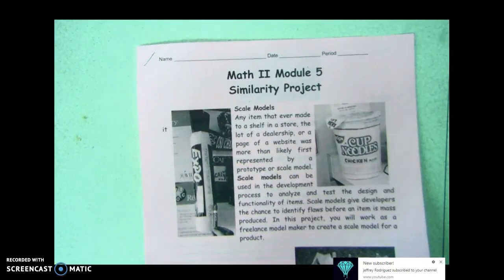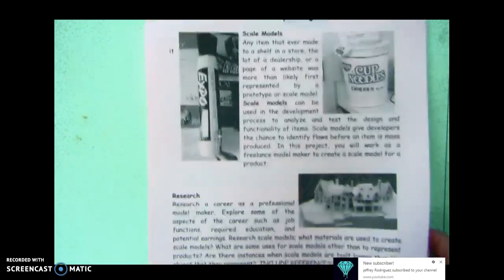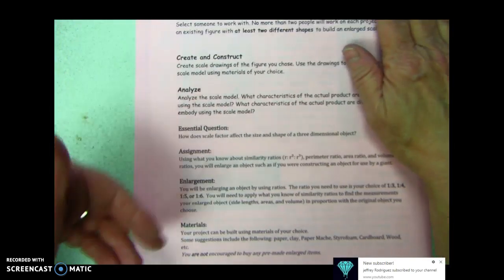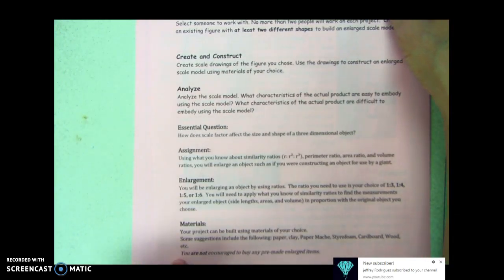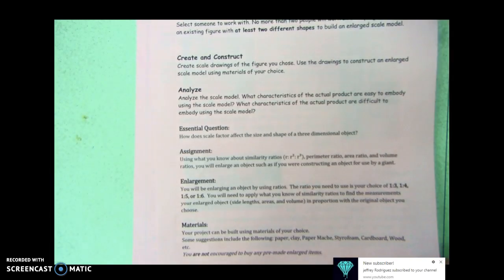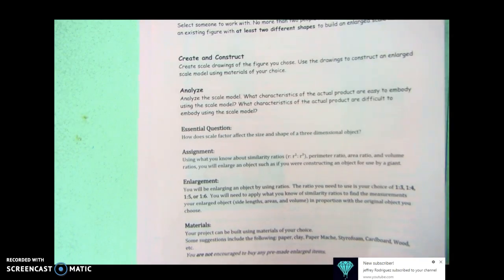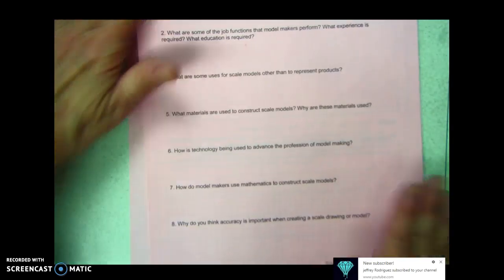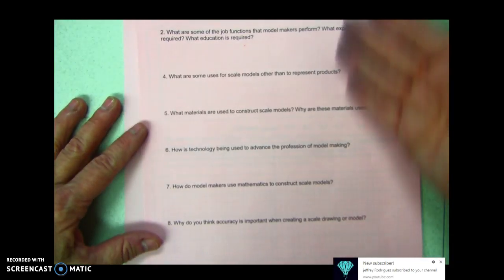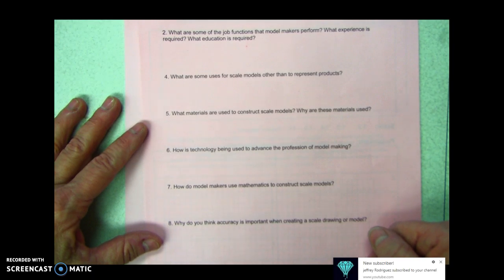Okay, so for today, what you'll be doing, reading this over, discussing it, picking your partner, reading this, finding out about the assignment, any of the materials. You can look around the room. You see we have a lot of projects. So you'll be able to, you can get very creative. Lots of materials that we can use. And then answering the 8 questions here.